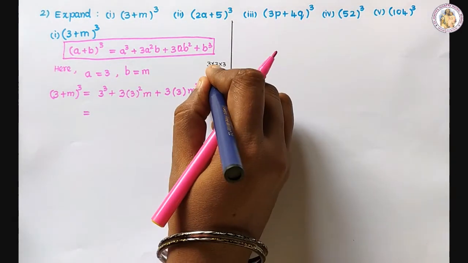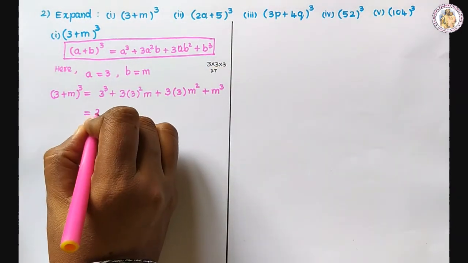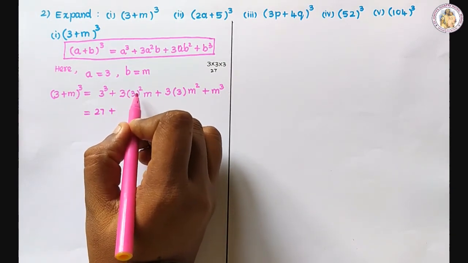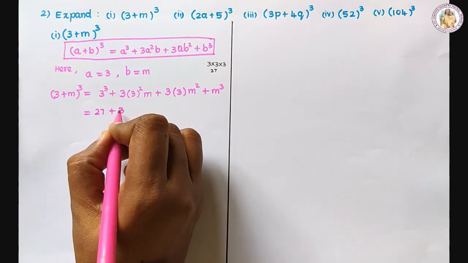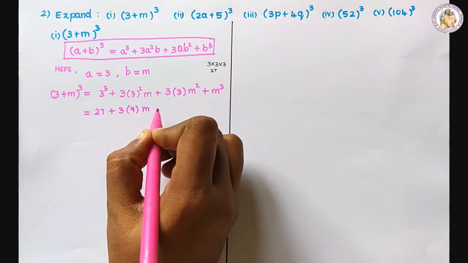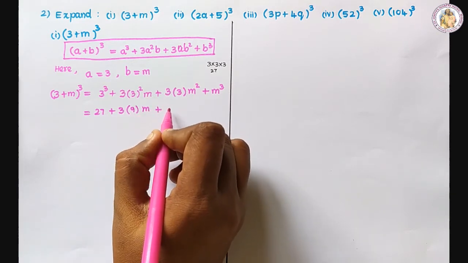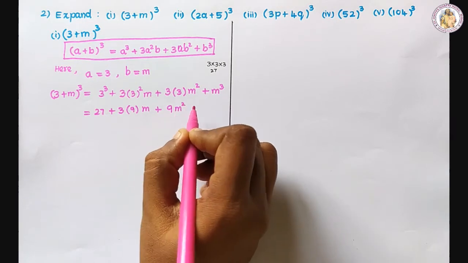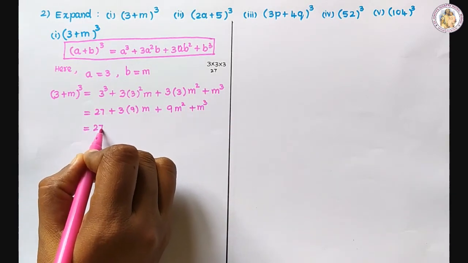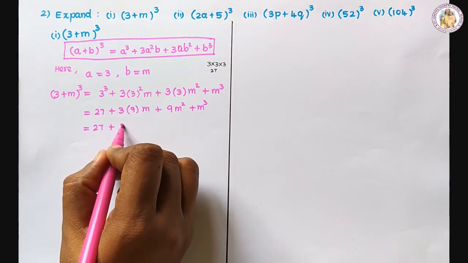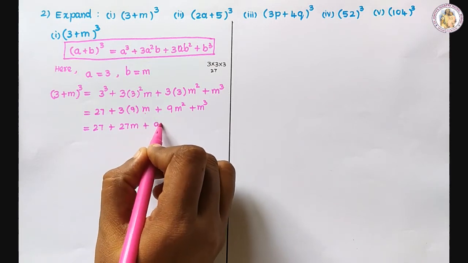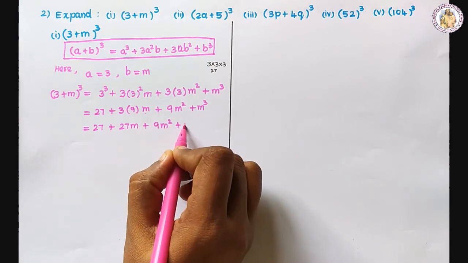So 27 plus 3 into 3 squared. 3 into 3 squared is what? 9. 3 into 3, that is 9, plus 3 3s are 9, m squared plus m cube. 27 plus 3 9s are 27m plus 9m squared plus m cube.